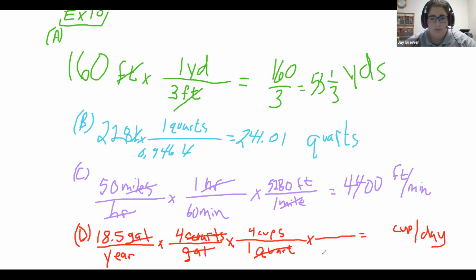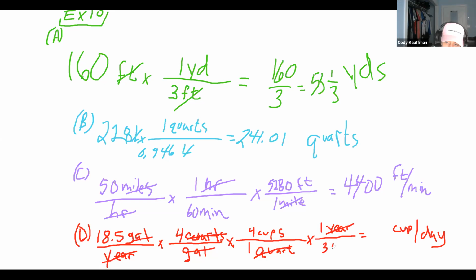So what's our conversion from years to days? One year is how many days? Normally, typically, 365.